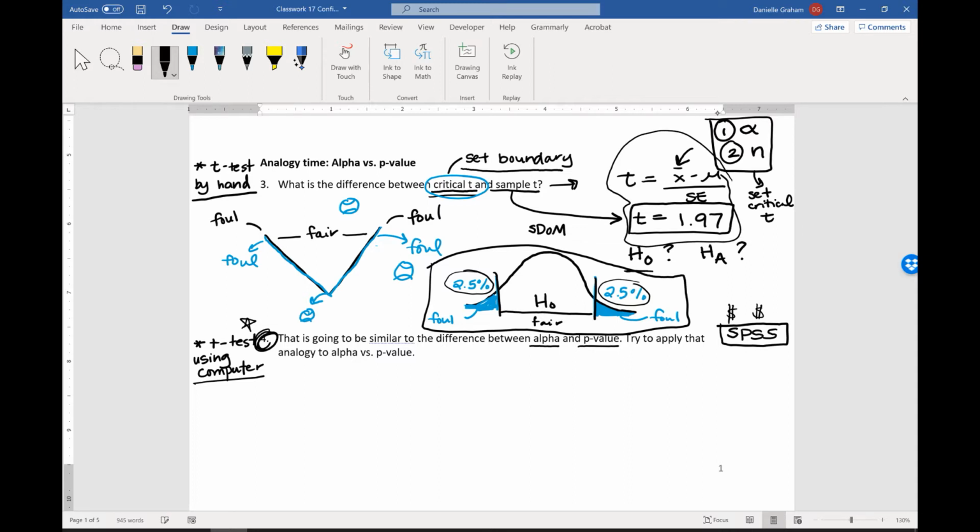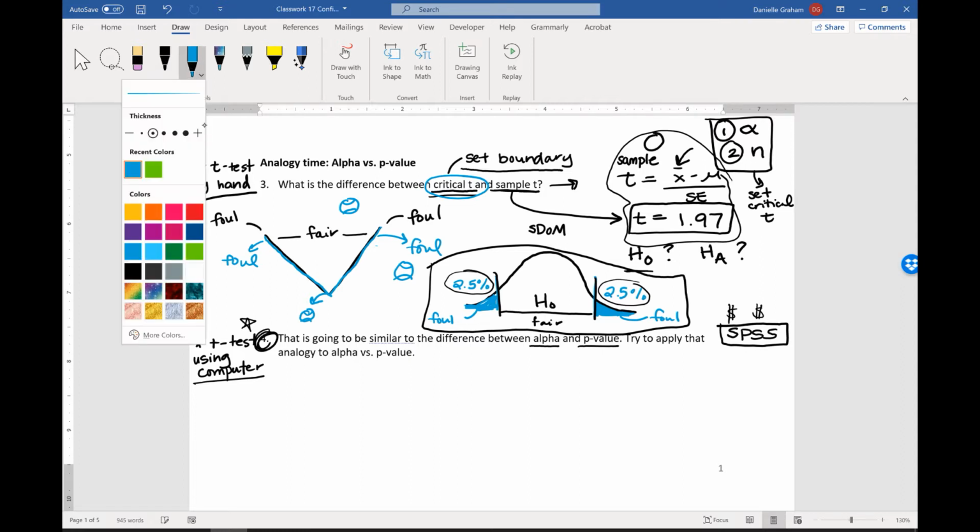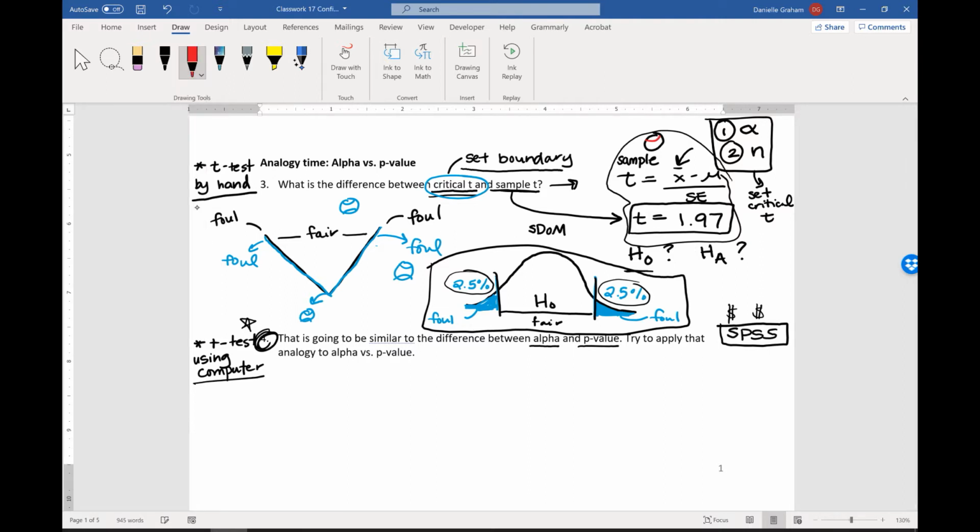And then based on the data that we get in that sample, we calculate the sample T, which in this case is going to be our baseball, right?